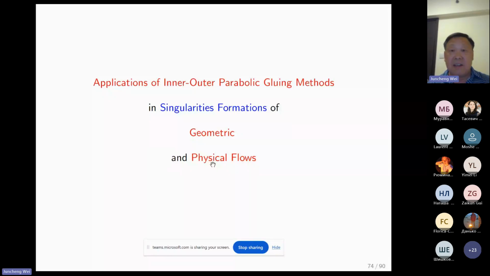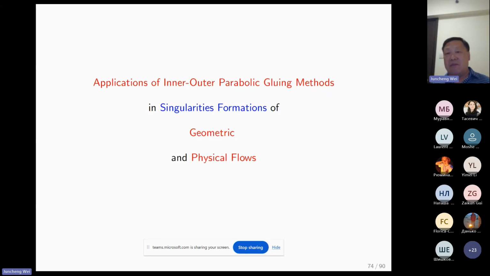Okay, finally, in 5 minutes, I will discuss some applications of this inner-outer gluing method in singularities of geometric and physical flows. And I will give you an overview of the inner-outer gluing for dimension 5, dimension 3 and 4, and dimension 2.